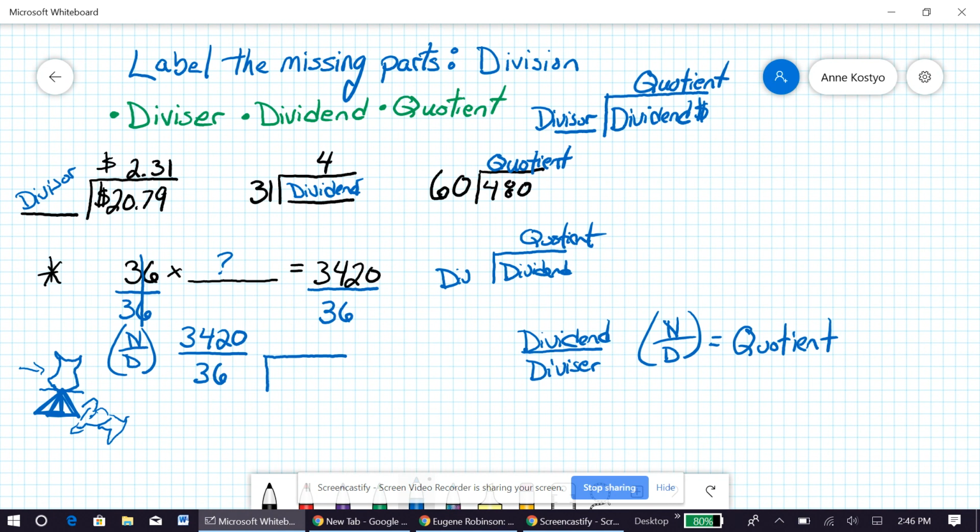Well, we can use that concept here. I have 3,420, and it needs to fall down because it's on the top. Okay, so now I have this problem written this way. I am looking for the question mark, which is here.